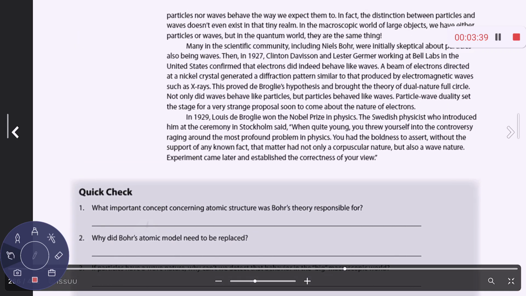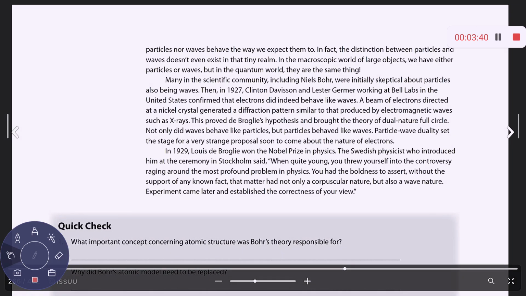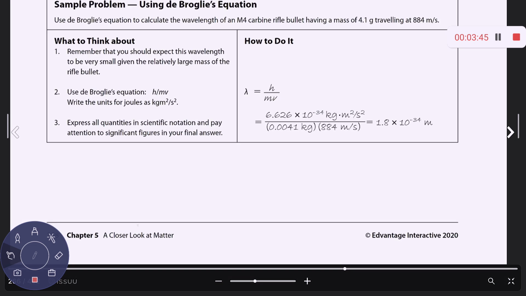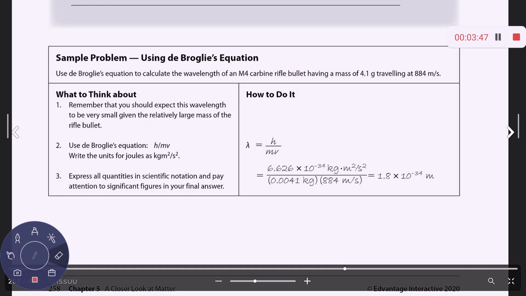I'm skipping a lot of this just because it's not really relevant to what we're going to be doing. Louis de Broglie won the Nobel Prize in Physics in 1929. I want to look at this right here. If you're using de Broglie's equation to calculate the wavelength of something, h is Planck's constant.